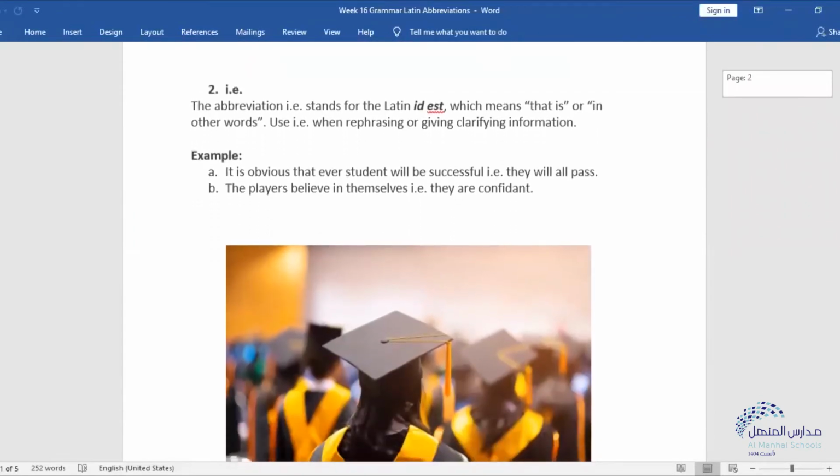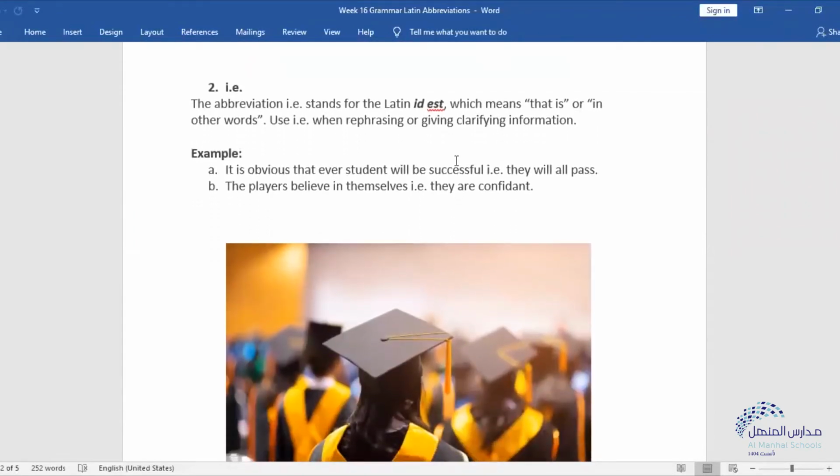The second popular abbreviation, i.e., this abbreviation stands for id est, which means that is or in other words, right? So you use i.e. or id est when rephrasing or giving clarifying information. So when you use different words to say the same thing, right?